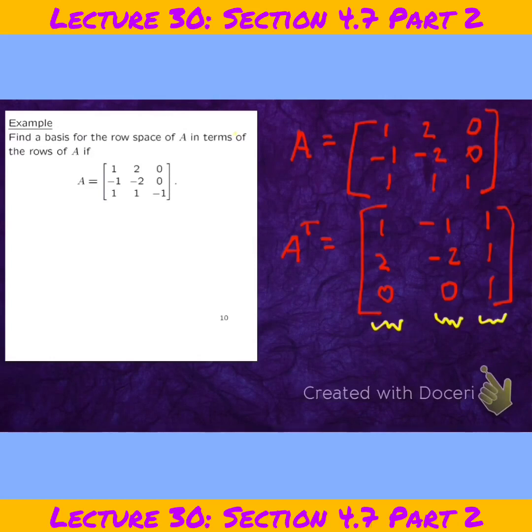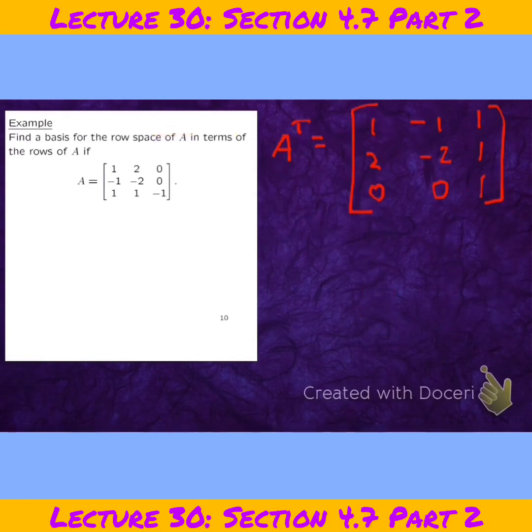And how we do that is by reducing the transpose of the matrix A. Alright, so I'm going to start reducing the transpose of A, and I'm first going to do that by taking negative the first row and adding it to the second row. So I'm changing the second row.